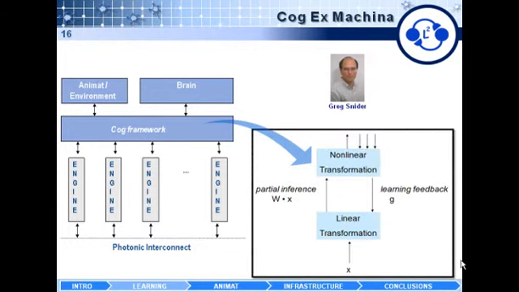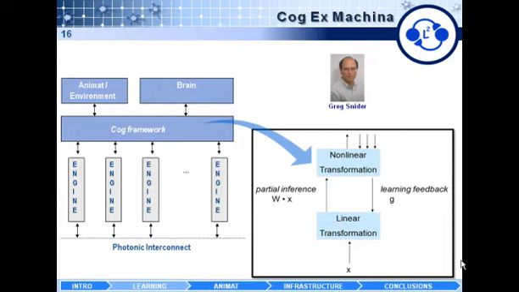The basic atomic operations in the cog ex machina are called the linear transformation and the nonlinear transformation. You can think of the linear transformation as a massive multiplication between the incoming activation of the previous cortical or subcortical layer of cell activity and the synaptic weights between the presynaptic and the postsynaptic neuron.